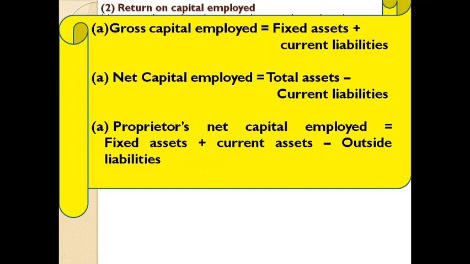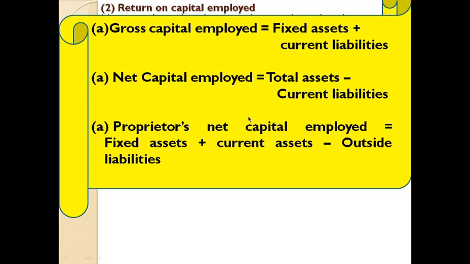Sometimes capital employed can be identified on the basis of equations like this. So it depends upon the details given in the question which type of capital employed equation you have to follow. Based on the information given in the question, you can follow any of the equations, and the answers for return on capital employed vary for each individual, because some students may follow any one of the equations.